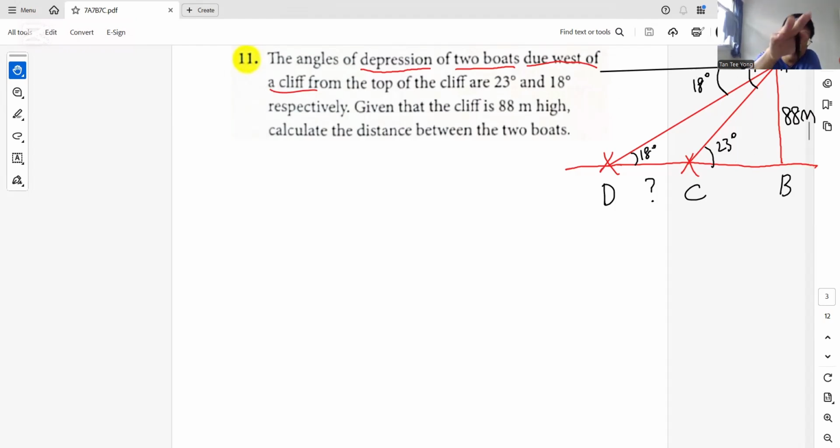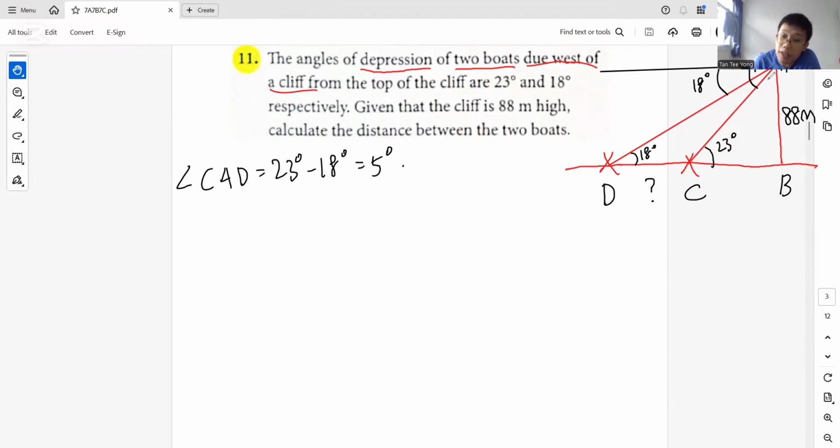The eye level is parallel to the sea level. So next, we need to find angle CAD. Angle CAD equals 23 degrees minus 18 degrees, which is 5 degrees. So this is 5 degrees.